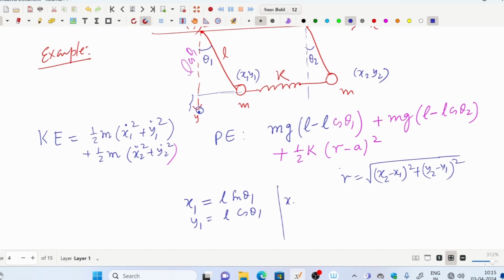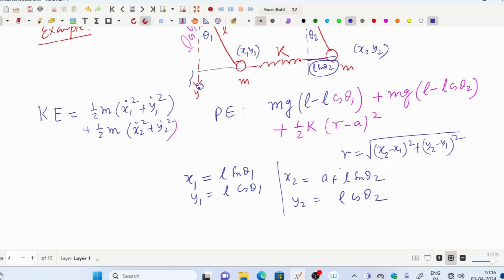Similarly, x2 will be a plus L sin theta 2, and y2 will be L cos theta 2, because this distance is L sin theta 2, and a is the distance between the two points of support.